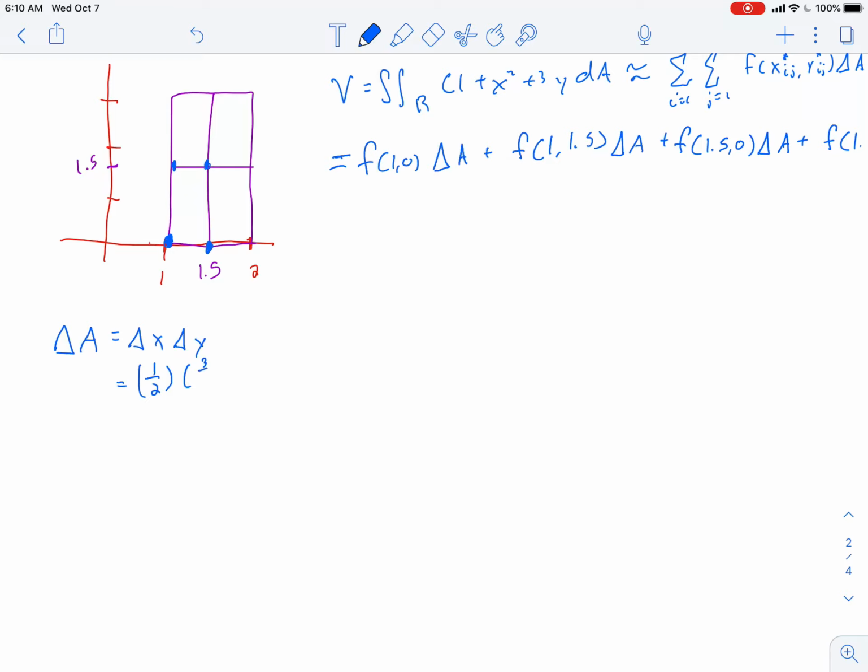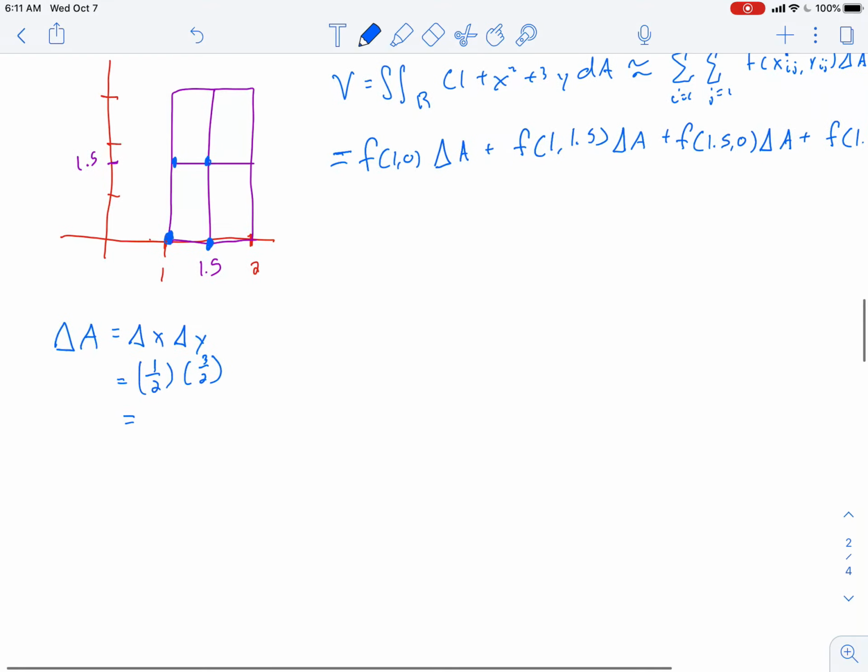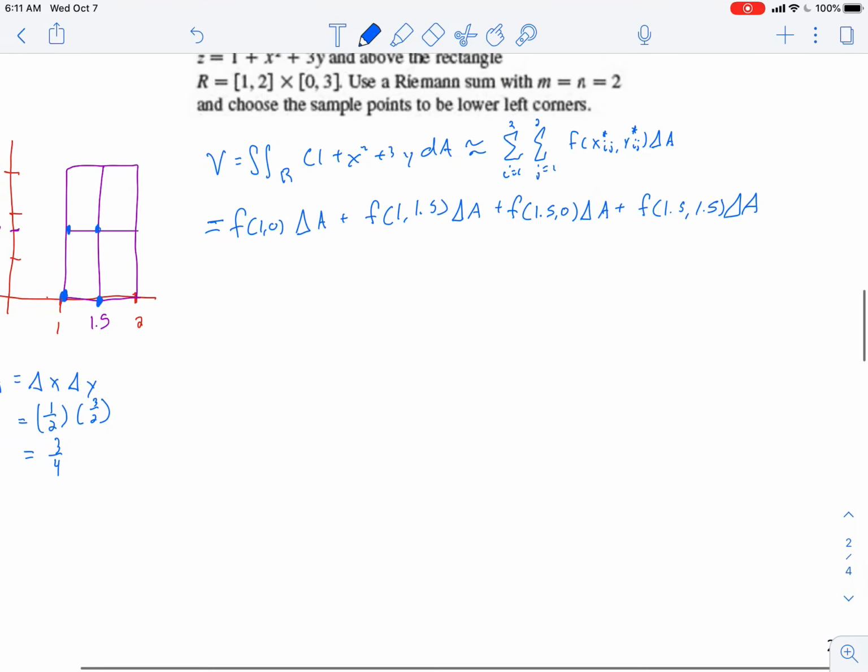I'll write that as a fraction because it's easier. So that means that my delta A is going to be 3/4. So each of these subrectangles has an area of 3/4. And now, in order to find the volume, we're going to extend that by the height. And so now let's go ahead and find the volume.